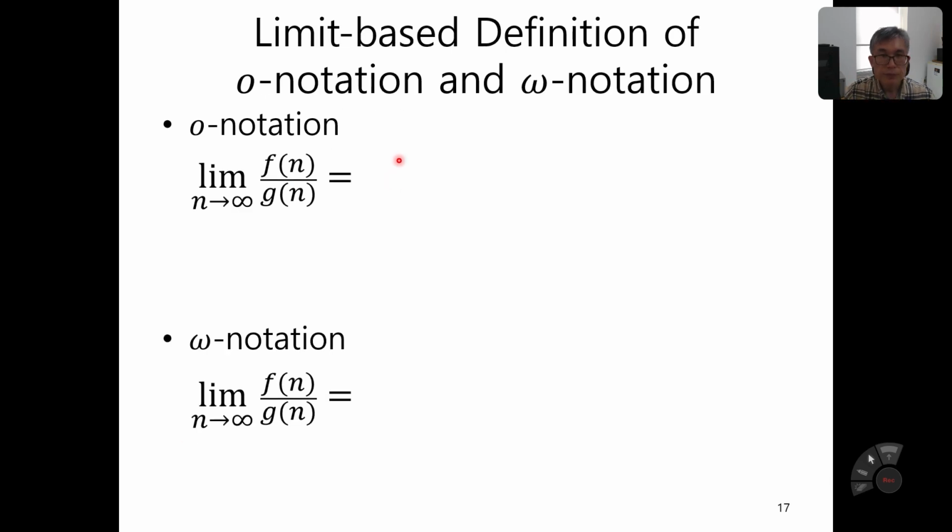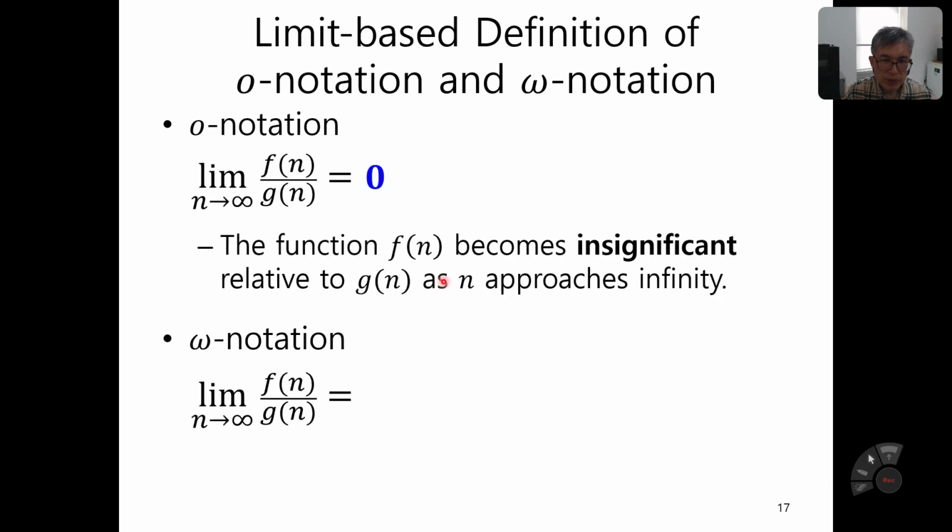Let's take a look at another definition: the limit-based definition of little o notation and little omega notation. In the little o case, g(n) is an upper bound, so g(n) is of higher order. In that case, as n goes to infinity, the ratio goes to 0. The function f(n) becomes insignificant relative to g(n), which is of higher order, as n approaches infinity.